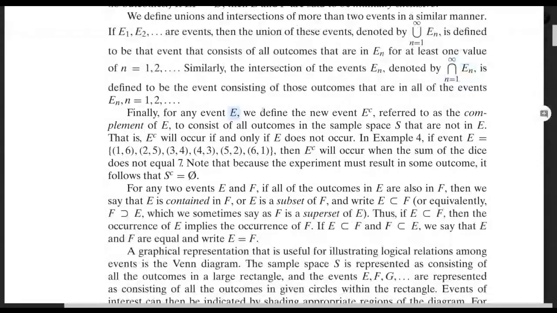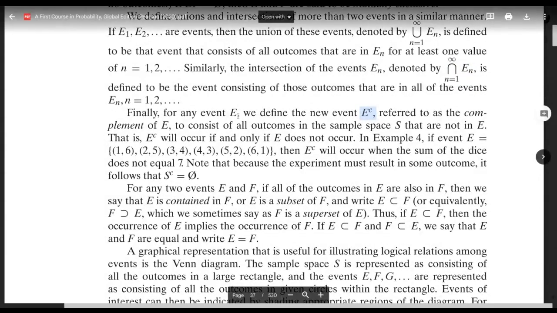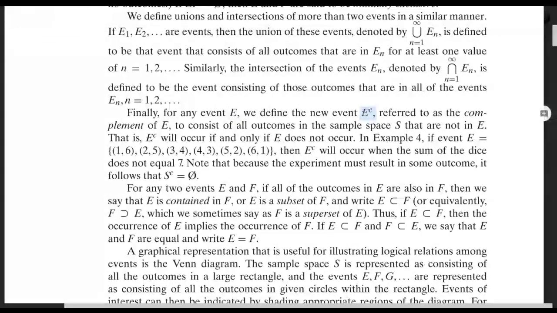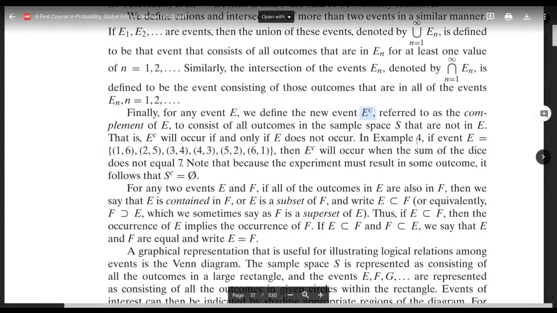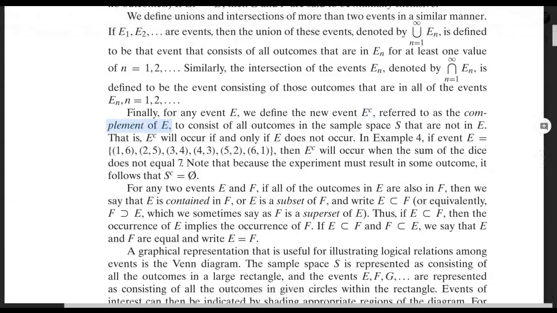So for any event E, we use E raised to the c, the little c like a power in the exponent of E, and we call it the complement. So E union E complement will be the sample space, right? So E^c is called the complement of E. If E is an event, let's think about a child born to be a girl. That's an event.